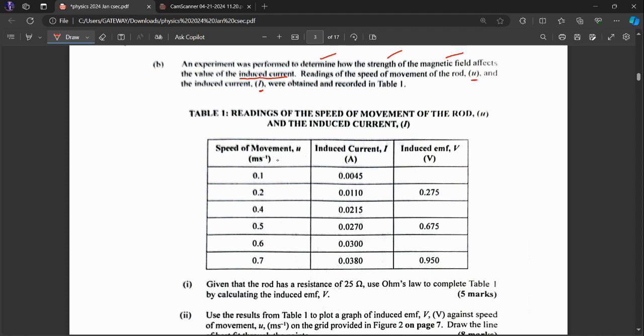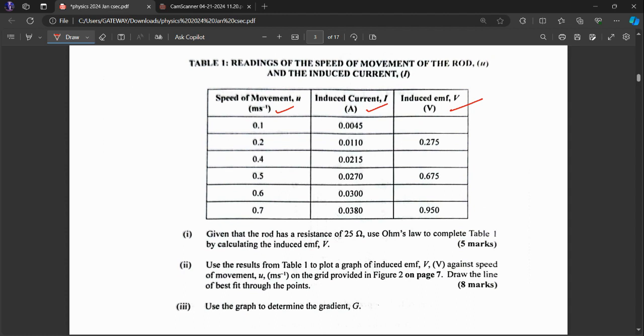Speed of movement is in meters per second, induced current in amperes, induced EMF, electromotive force, in volts. Given that the rod has a resistance R equal to 25 ohms, use Ohm's law to complete table 1 by calculating the induced EMF.